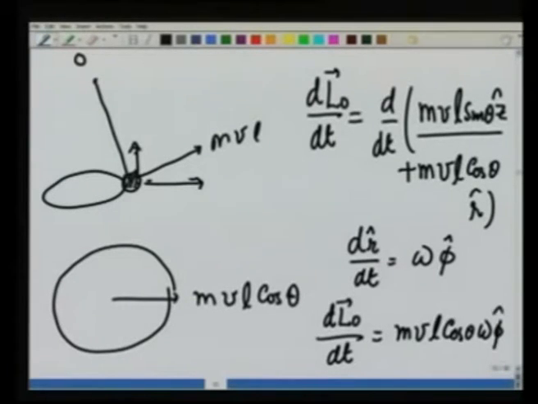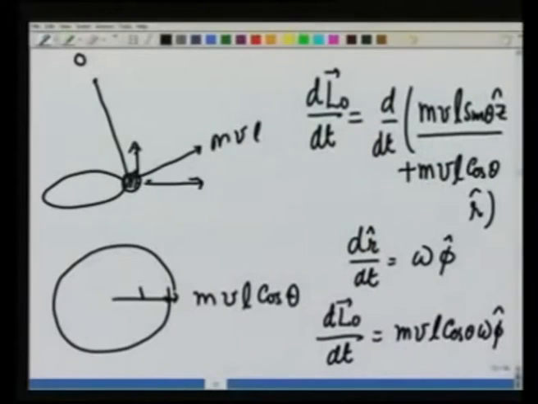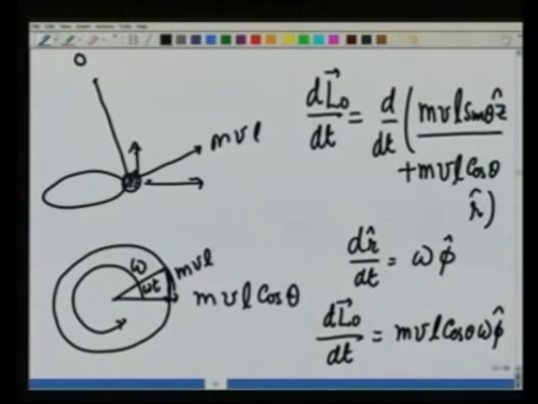This you could have also checked, because this vector is rotating in this direction with angular frequency omega. Therefore, the change has to be m v L cosine theta times omega. When it moves here in time t, this change is roughly m v L cosine theta omega t. You divide by time and you get this answer.